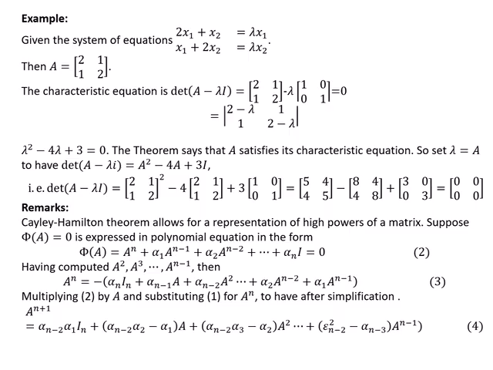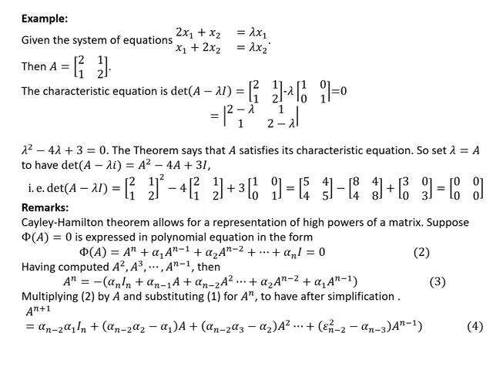So minus 4 multiplied by A, and your A is the 2 by 2 matrix, which is 2, 1, and 1, 2, plus 3I, that is 3 multiplied by the identity, 1, 0, 0, 1.